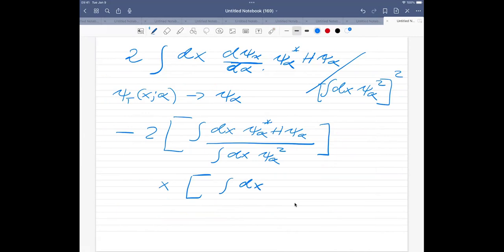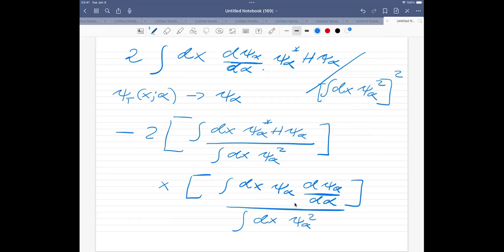So what I'm doing next now is also to split up this term, which you see here. This term is now split into a term here. And then I have the next term here, which now contains a psi of alpha multiplied with a d psi of alpha of d alpha. And this term is also divided by d of x of psi alpha squared.